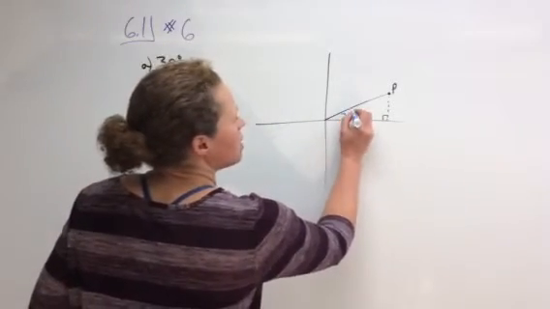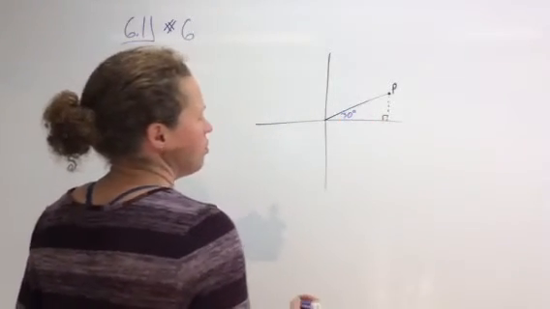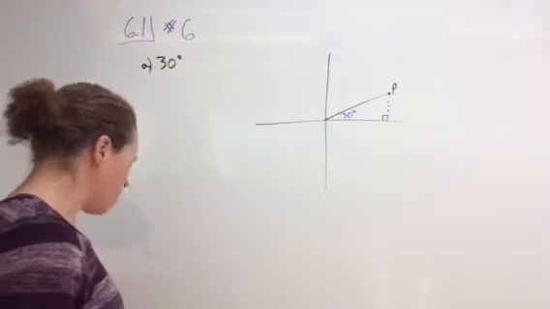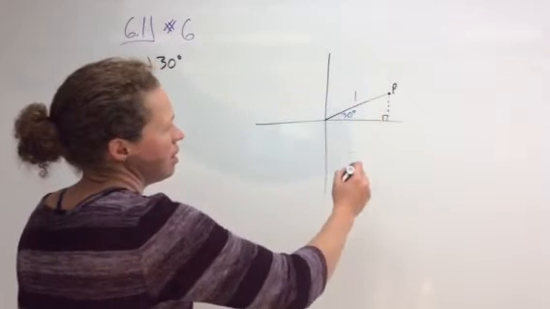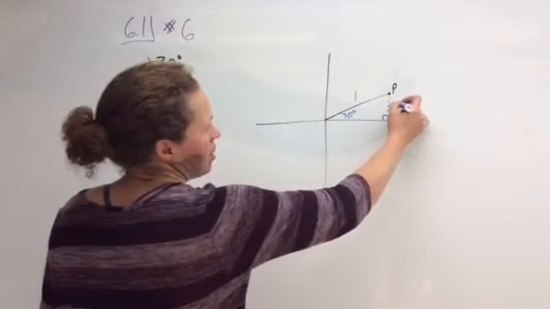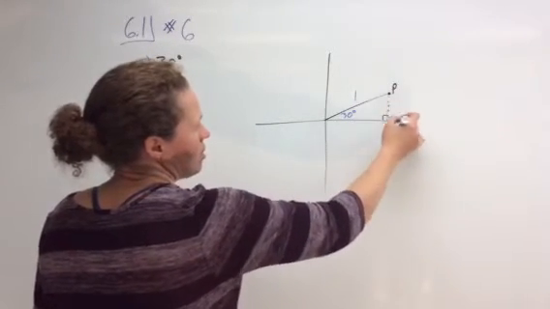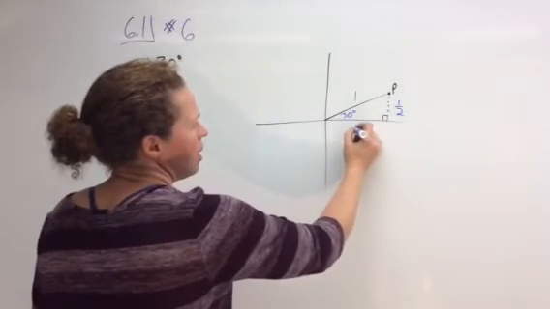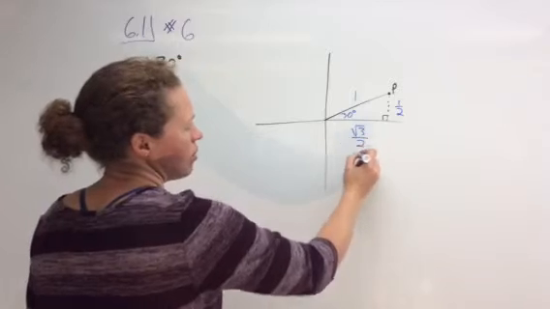We've got 30 degrees here, and we stated in number 5 that if we had 1 here, then our other sides of the triangle would follow a pattern where this would be 1/2, and this would actually be √3/2.